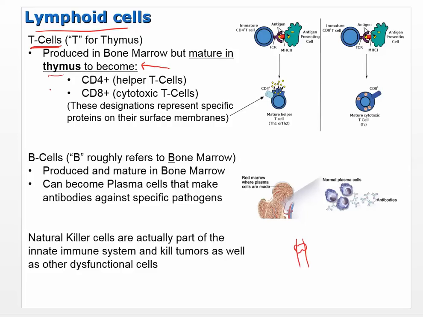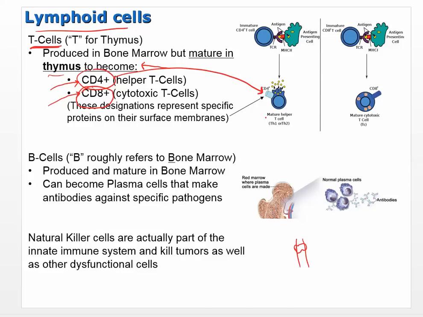Now they're also called CD4 cells, which are the helper T cells, and CD8 cells, which are cytotoxic T cells. Now we haven't really talked about that. But this is how they're often referred to as CD4 positive or CD8 positive. And the reason for that is because they have these little markers or these little proteins on their surface, and they're not this large, but they have these markers on their surface which are distinguishable.